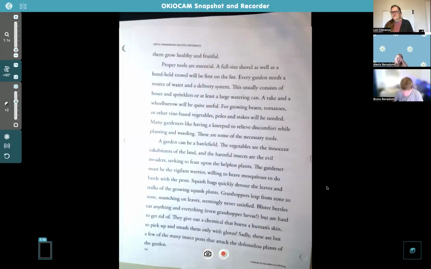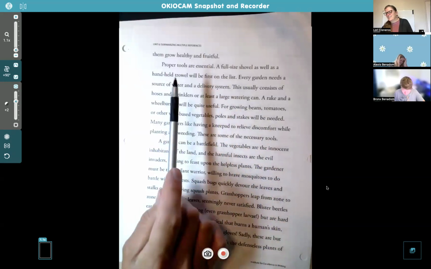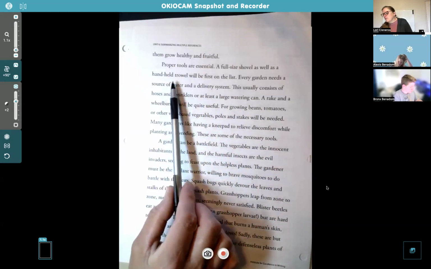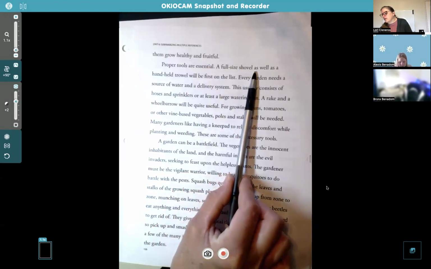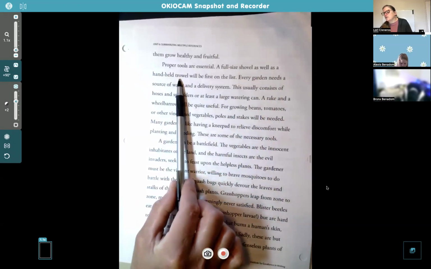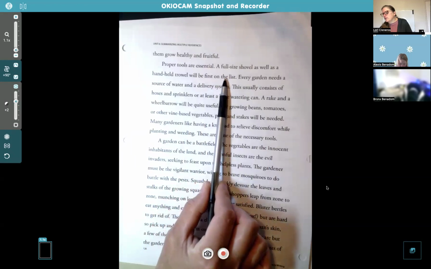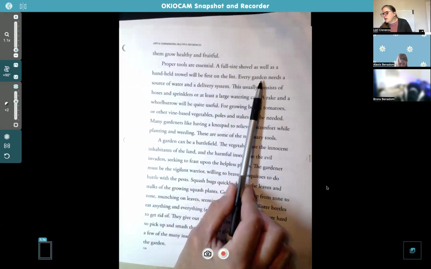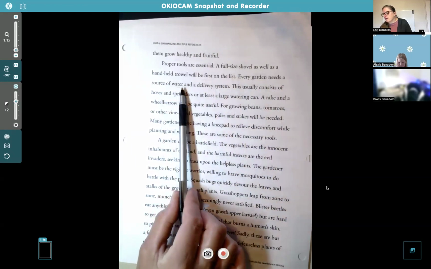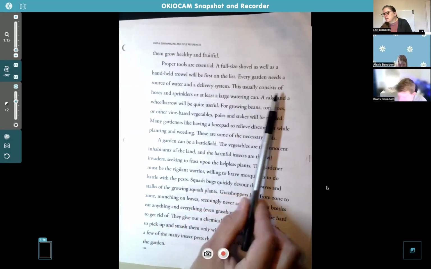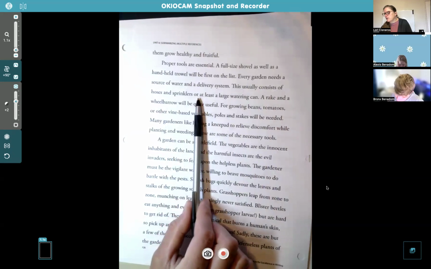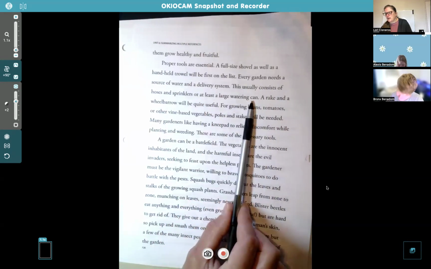Proper tools are essential. A full-sized shovel as well as a handheld trowel will be first on the list. Every garden needs a source of water and a delivery system. This usually consists of hoses and sprinklers, or at least a large watering can.